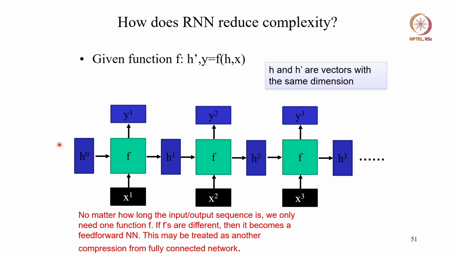The sentiment could be either positive or negative, or positive, neutral, negative, or you could have more sentiments expressed. So the output is just one. You will have a number of inputs x1, x2, x3, etc., but there will be just one output at the end. We will see that a little later.